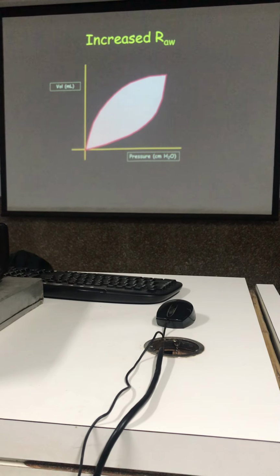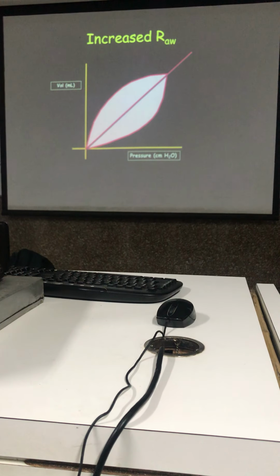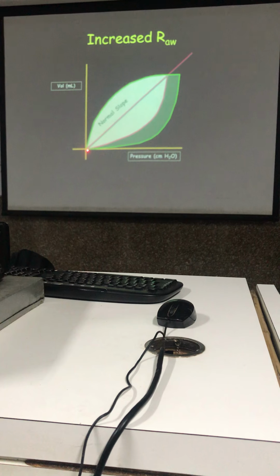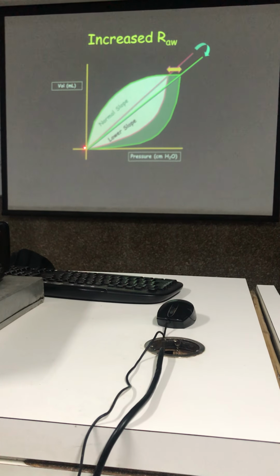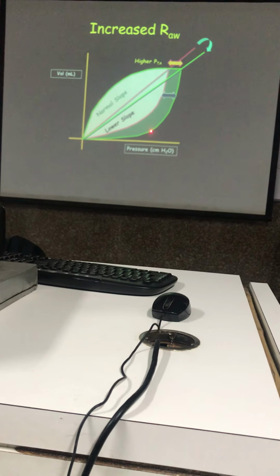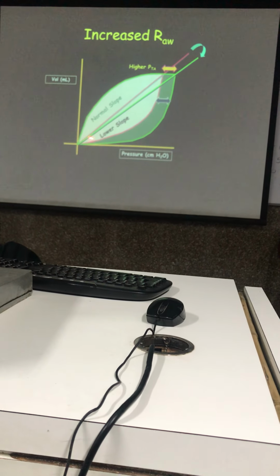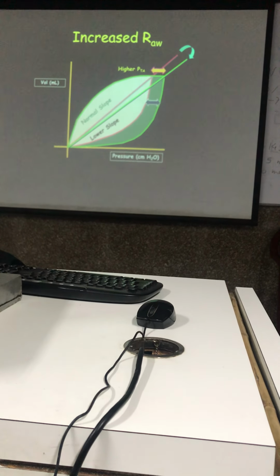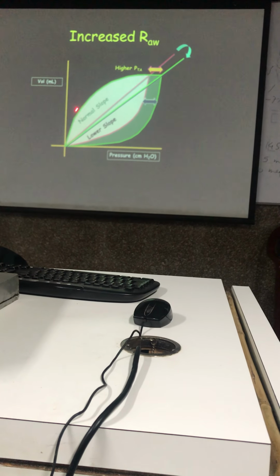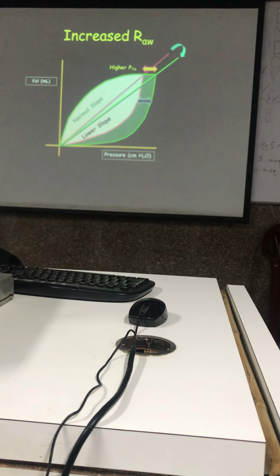Okay? Now what happens in increased airway resistance when you look at the PV curve? This is the normal slope that you see in this patient, and in patients with increased airway resistance, this is what happens. Inspiration takes longer, it takes a longer curve. Okay? The resistive work is increased.